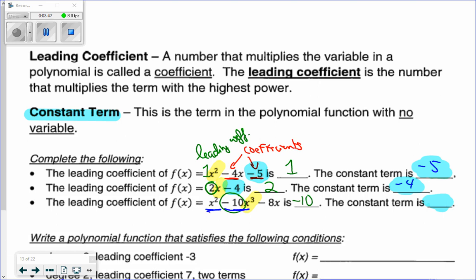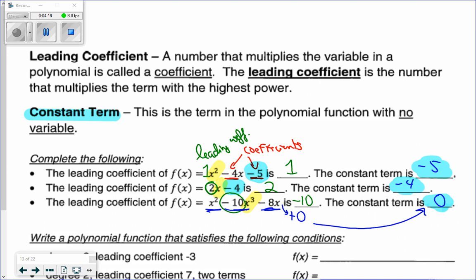This one has a letter. This one has a letter. So none of them have no letter. So think of there being on the end of this, think of it being +0, right? Because adding 0 has no effect. So we say the constant term is 0. So if there's not just a number there, just plunk in the number 0. Okay?